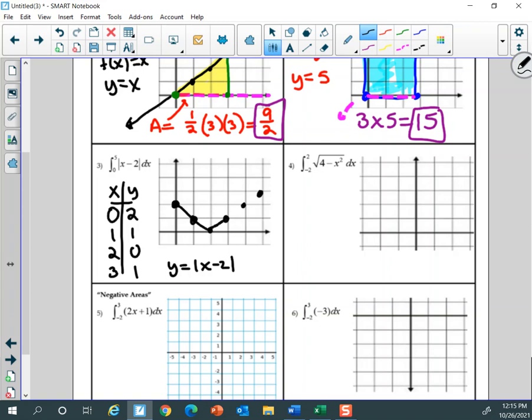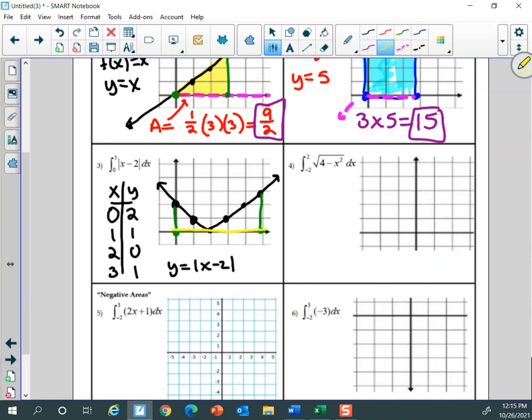So here is the absolute value function that we're talking about. It's a typical absolute value, but moved to the right 2. I'm going to go from x equals 0 to x equals 5 as my boundaries.